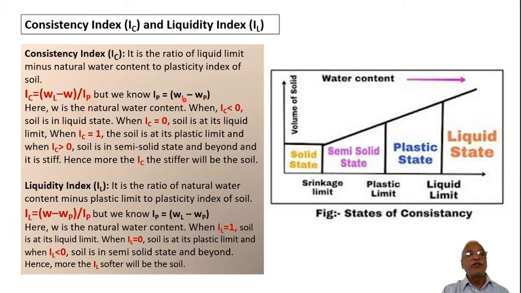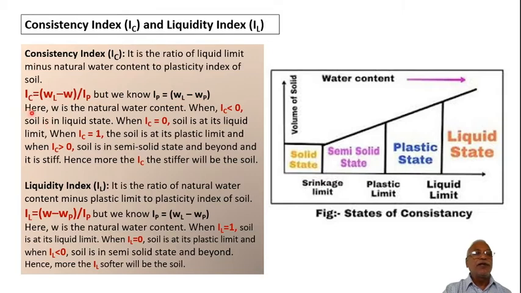We know that it is WL minus WP. So consistency index is WL minus natural water content W divided by WL minus WP. So it compares this water content to the plastic limit.